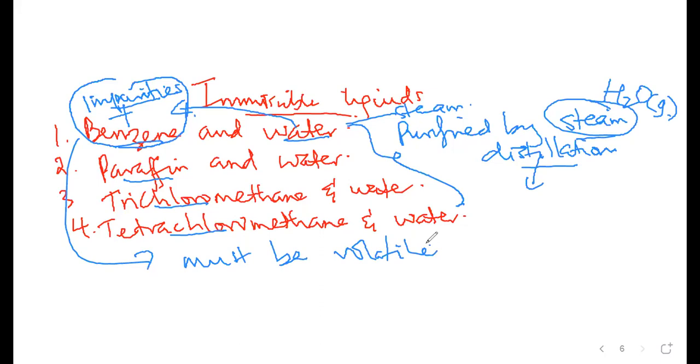Okay? And remember that the separation occurs. Why do we bubble steam? Such that we make sure that the vaporization occurs at a temperature lower than that of benzene and water.